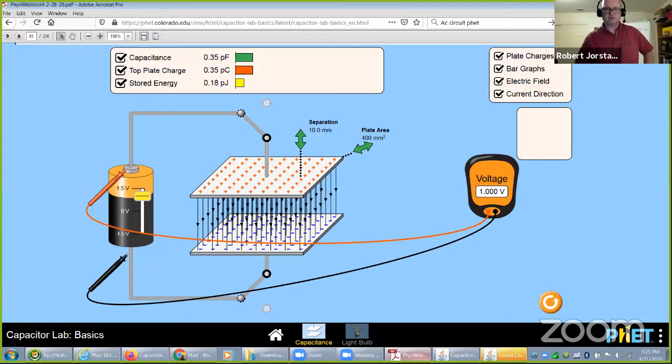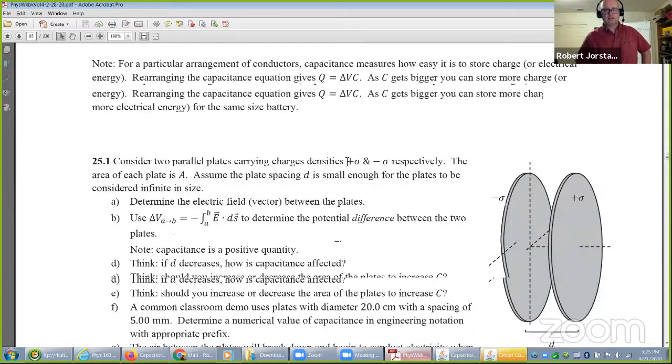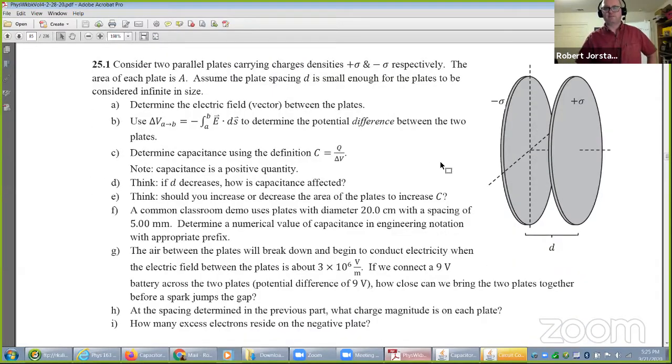Let's get to here. All right. Let's try to understand the math behind this simple case right now. So let's look at 25.1, and I'm going to try and draw this up because this is the one we're trying to understand. I'll get my whiteboard aligned in just a minute.